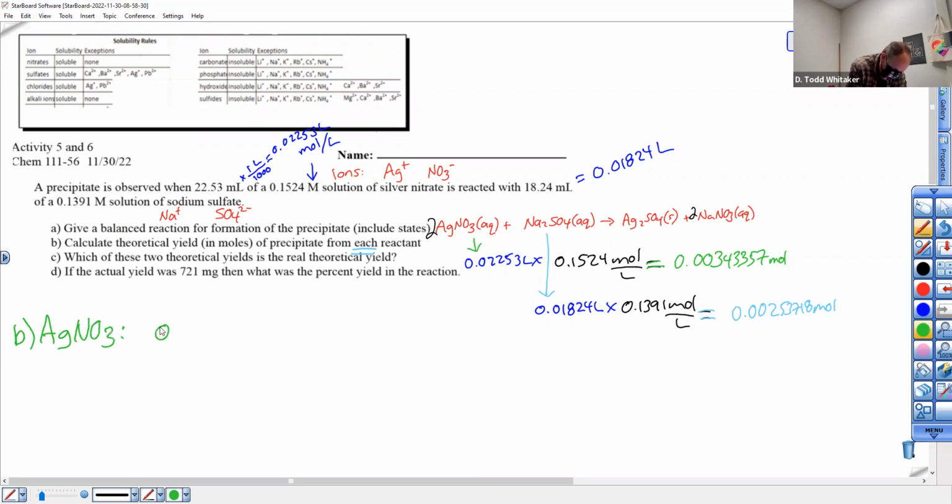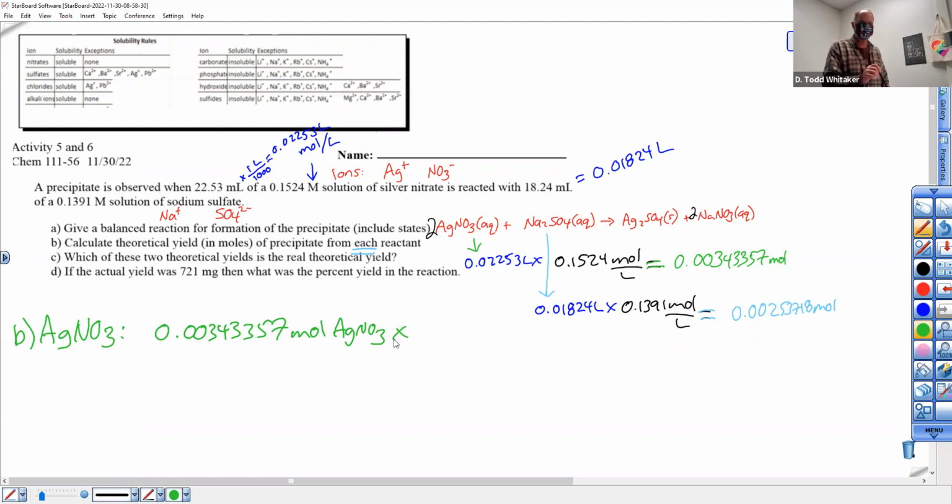You have 0.00343357 mole AgNO3. Moles of substance A. Can I get to moles of a different substance? And which particular substance do we care about in this question?